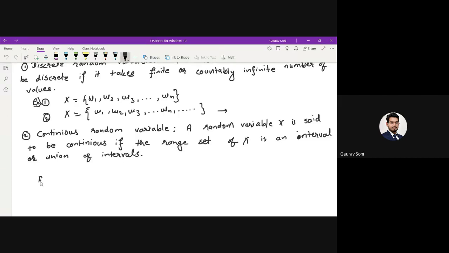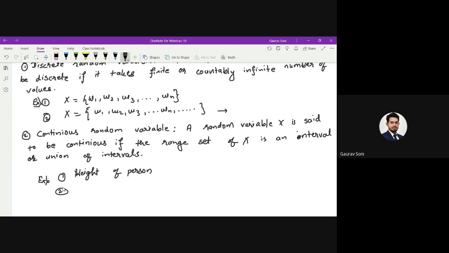So for an example, just now I said that weight of a person, the values will be in an interval.